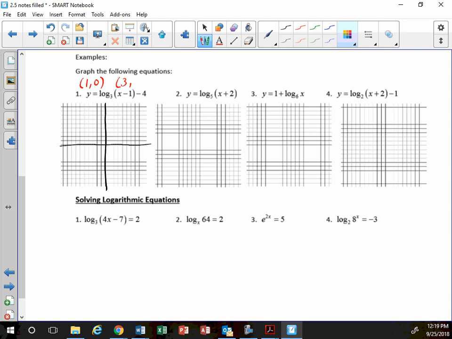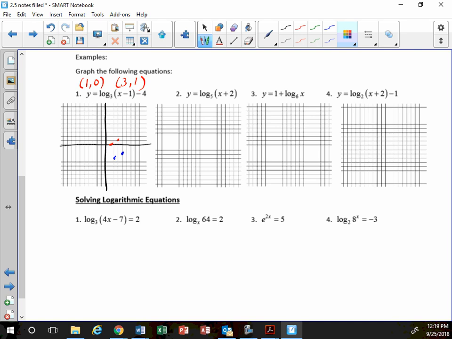Excellent. (1, 0) and (3, 1). All right, and where is this graph going? Right 1, down 4. So right 1, and I'm counting into blank space for mine. Hopefully you have lines somewhere. So 1, 2, 3, 4, sure. Right 1.